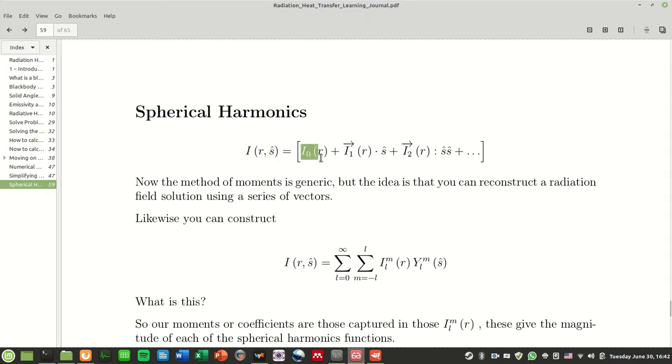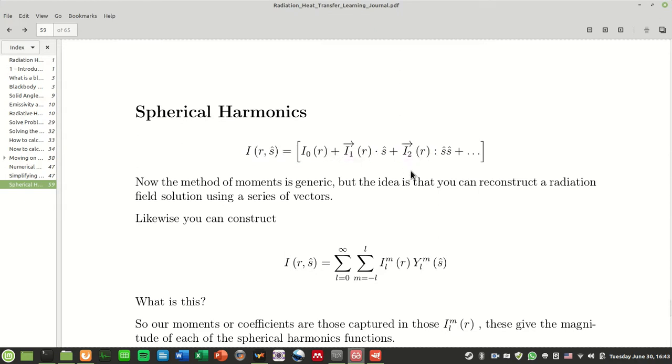So in general, for any moment method, you can decompose this intensity field into this polynomial, and this is just one term, a direction independent term. Then of course you can decompose the higher order terms into a position dependent part and a direction dependent part. Likewise for the second order moments as well.